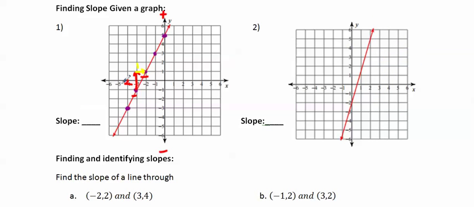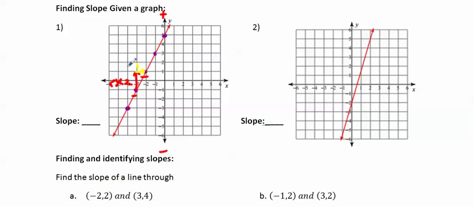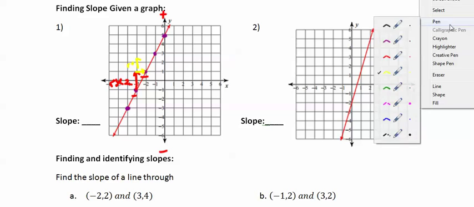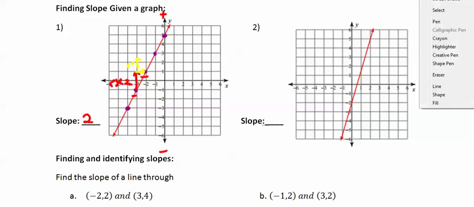Right. So rise is 2, and run is 1. So my slope, m, is rise 2 over run 1. And we can simplify this to just be 2, but it is rise over run, 2 over 1.